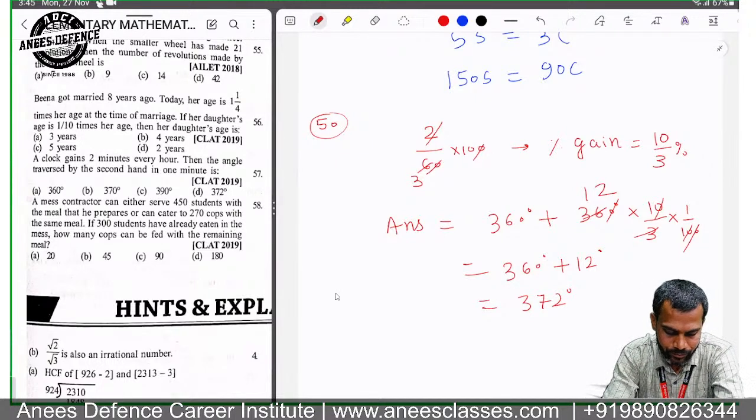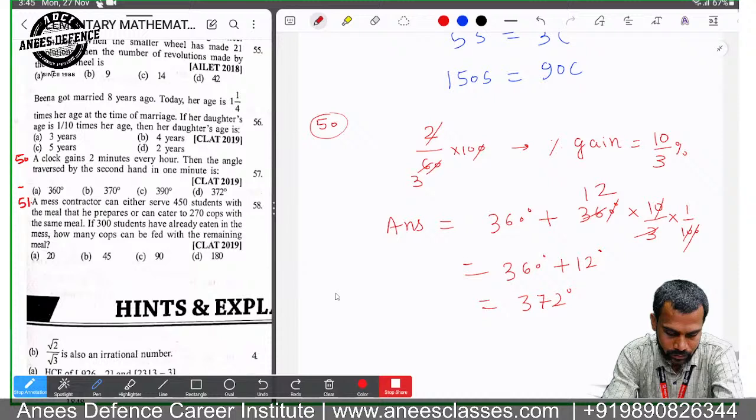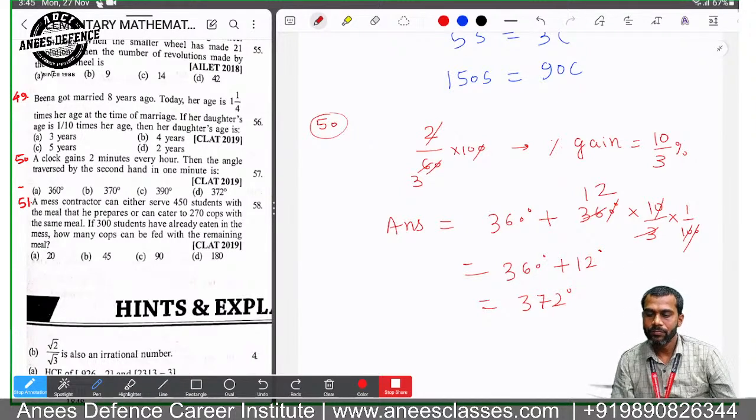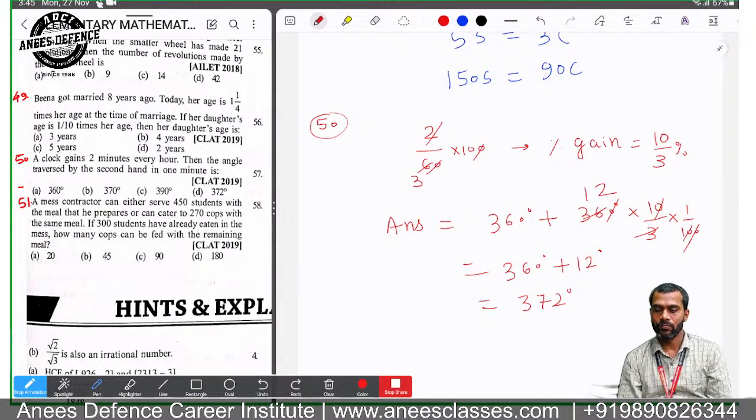49. So this is 49. Please try question number 49. Very easy. Question number 49. Beena got married 8 years ago. Today her age is 5 by 4 times her age at the time of marriage.